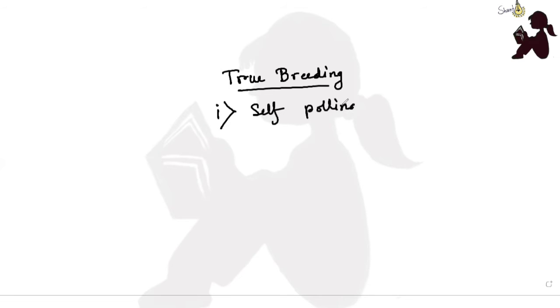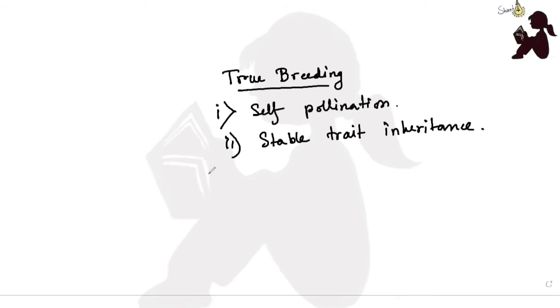Now, in his experiment, he conducted the true breeding between the P lines. And for this true breeding experiment, he selected plants for self-pollination, and another thing is stable trait inheritance. Then, for his experiment, there were 2 steps.